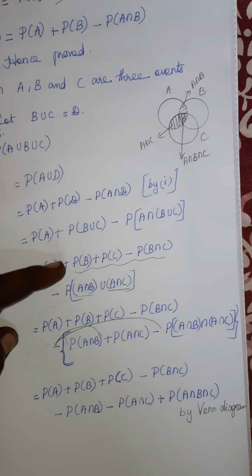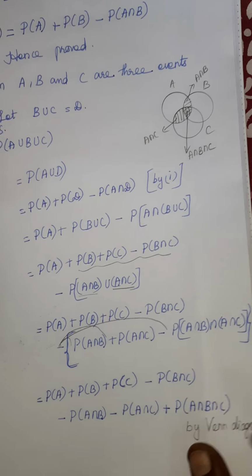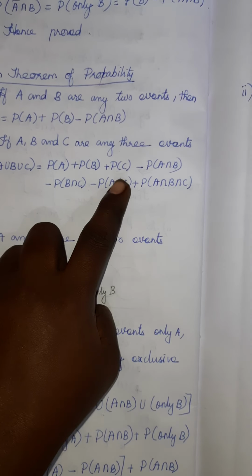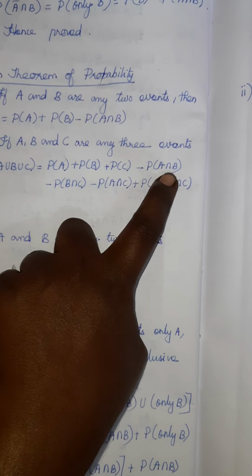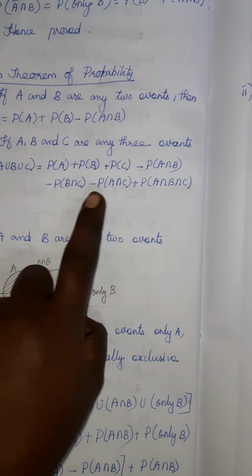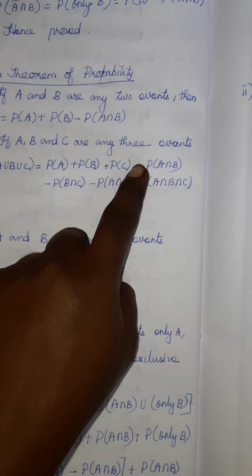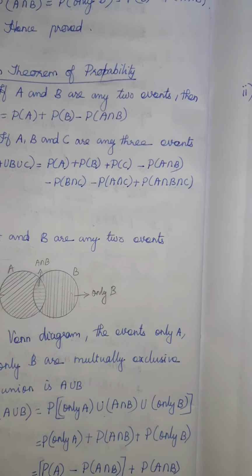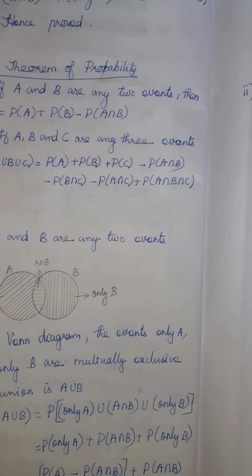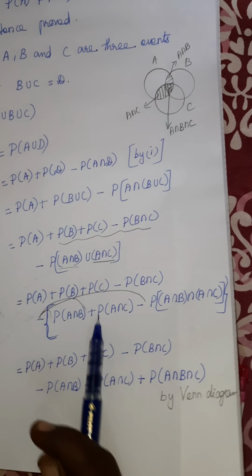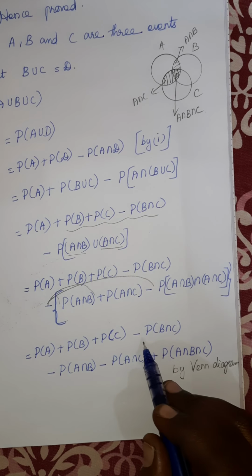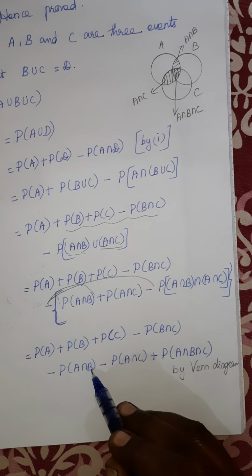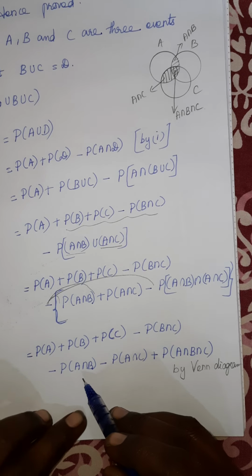Okay, now you see what you need to prove. P of A plus P of B plus P of C separately, then P of A intersection B, P of B intersection C, P of A intersection C. You have the subtraction, then add all the intersections together. The same we got here. You see P of A plus P of B plus P of C minus P of A intersection B. The order is different, but there is no problem.